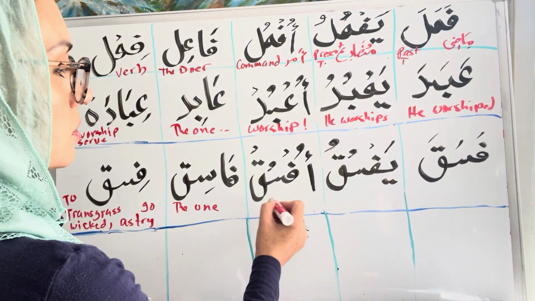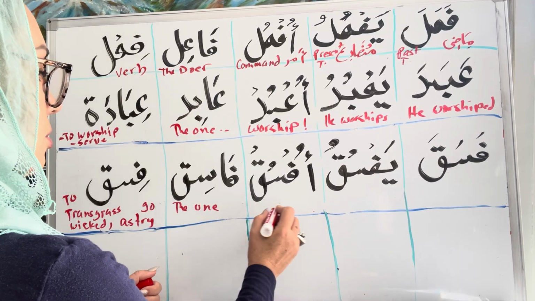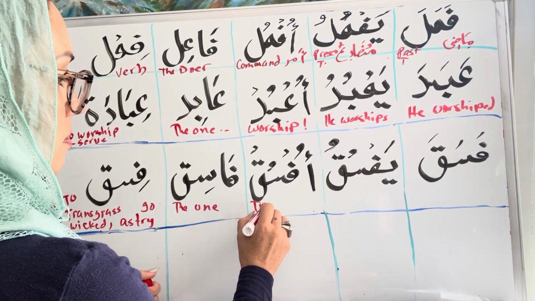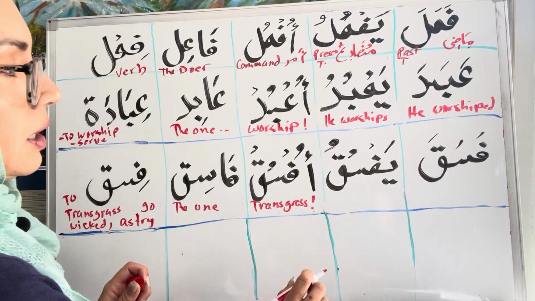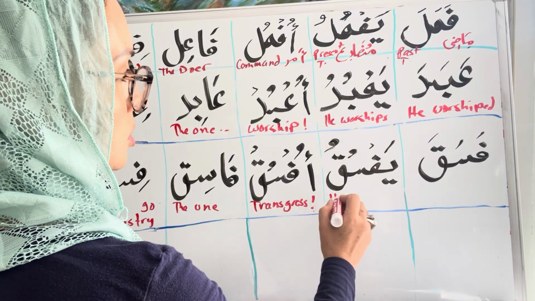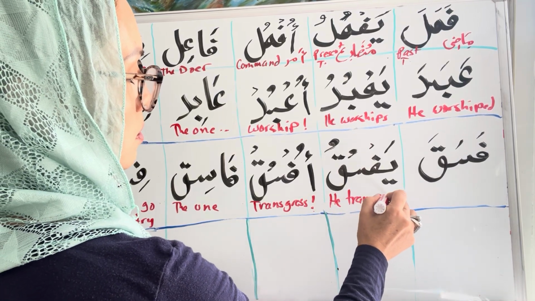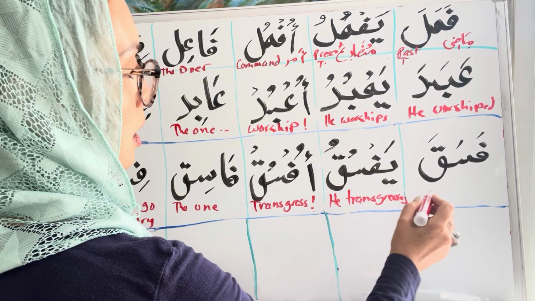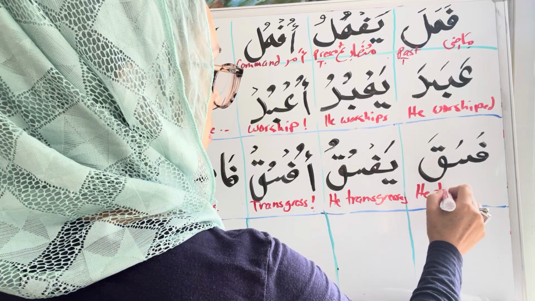Okay, so this is the command to be bad or wicked or transgress. Yafsuqu, he transgresses. And then fasaqa, he transgressed.